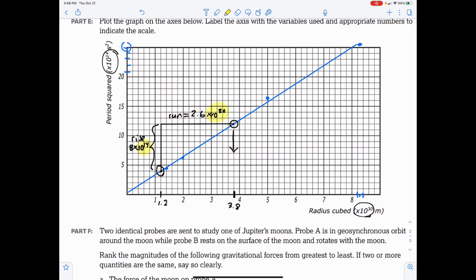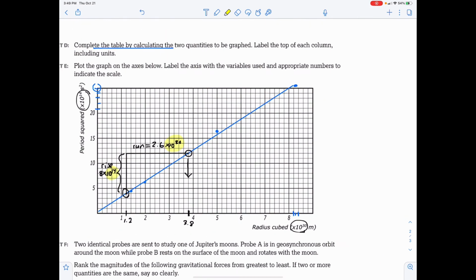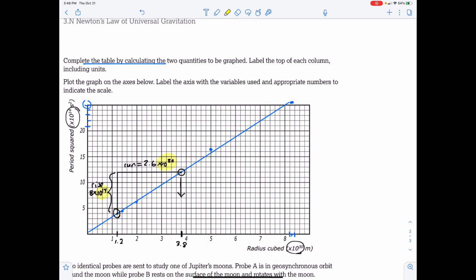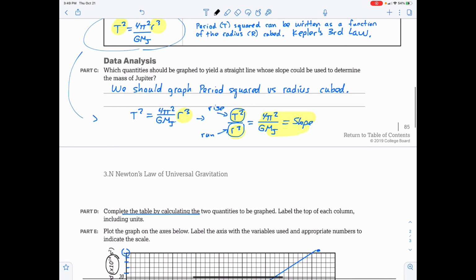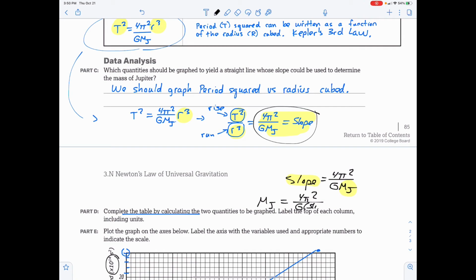Okay, now over to the side, let's try something here. We know that according to this, the slope should equal 4 pi squared over g times the mass of Jupiter, right? And we can swap those two, and the mass of Jupiter can be found by taking 4 pi squared over g times your slope.